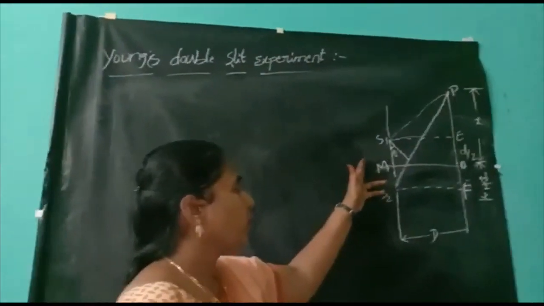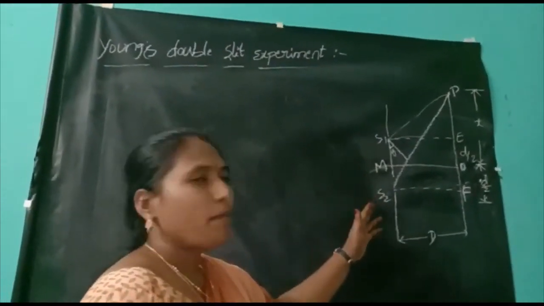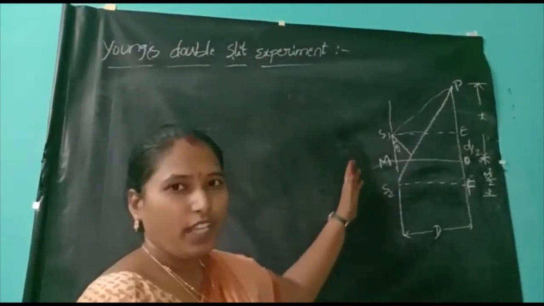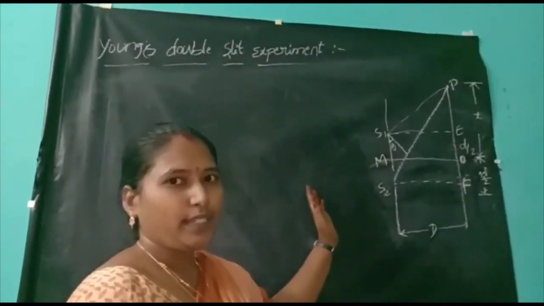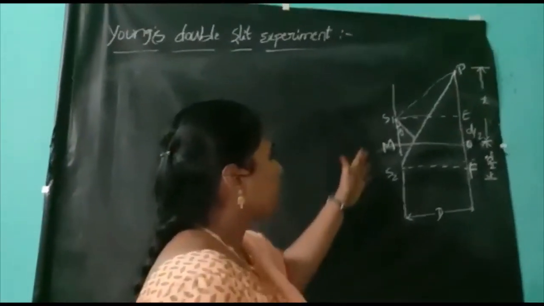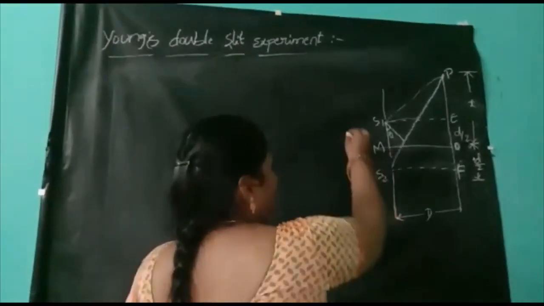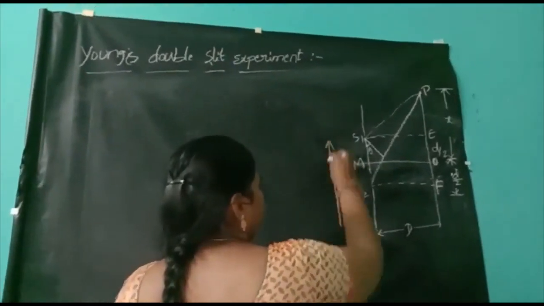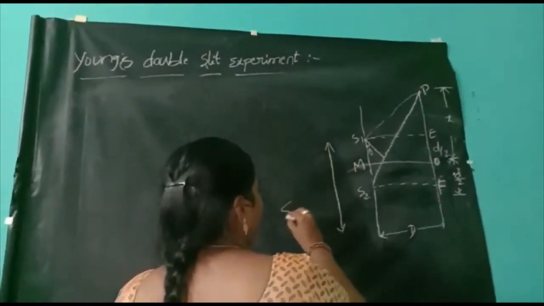Now we are going to find the optical path difference between the waves with respect to a common point. Let's take a source of light here.